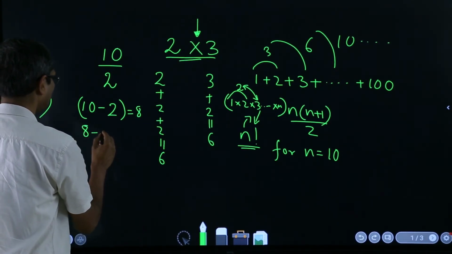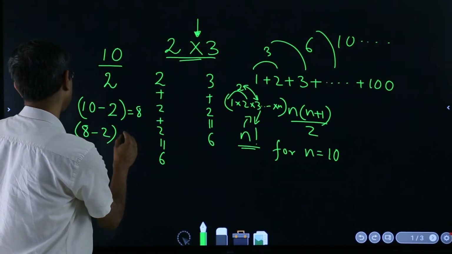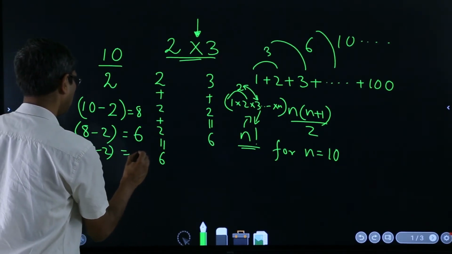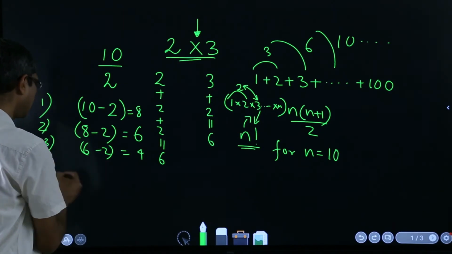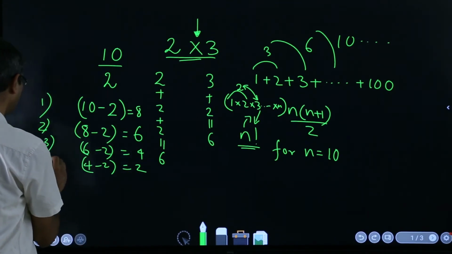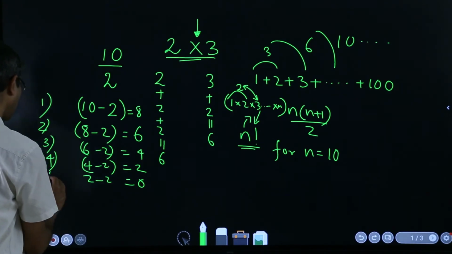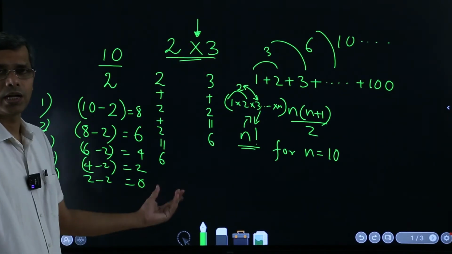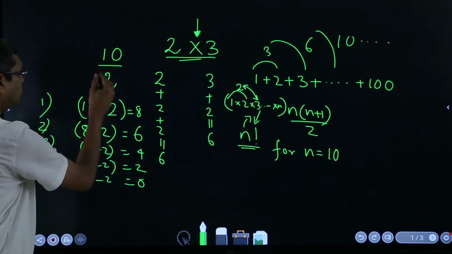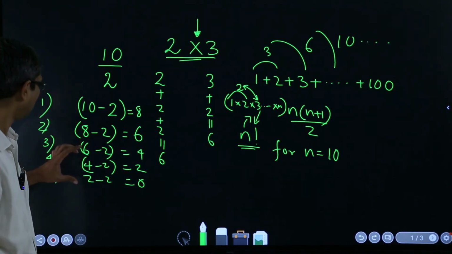Then again you subtract 2 and count 2, that gives 6, and 6 minus 2 is 4, you count 3. Now 4 minus 2 is 2, count 4, and 2 minus 2 is 0, and it is the 5th. Now just by knowing subtraction, even if your division key is not working on the calculator, you can always divide this.